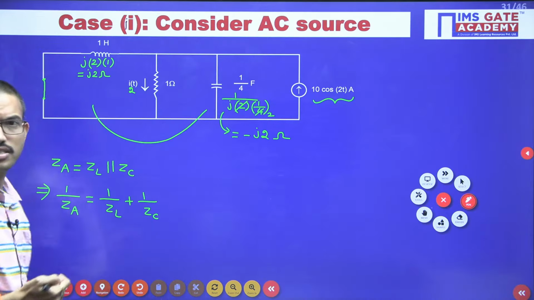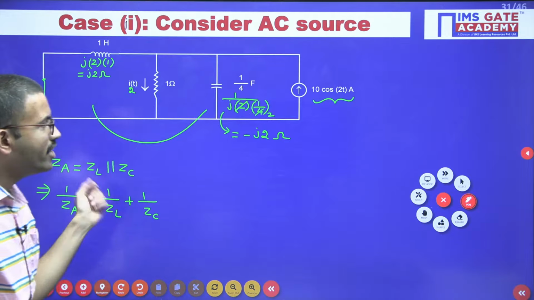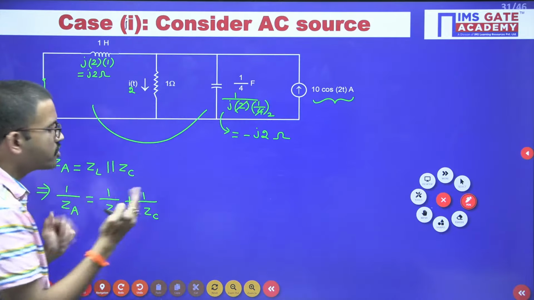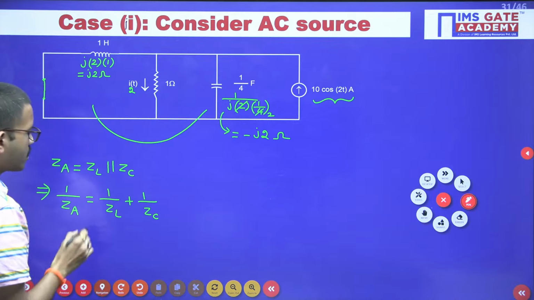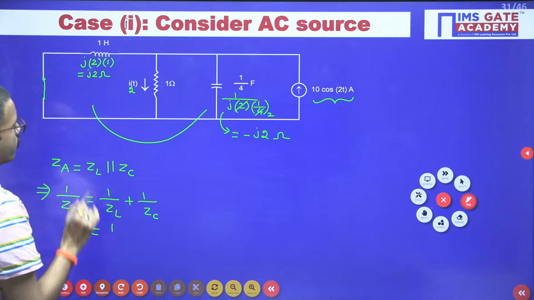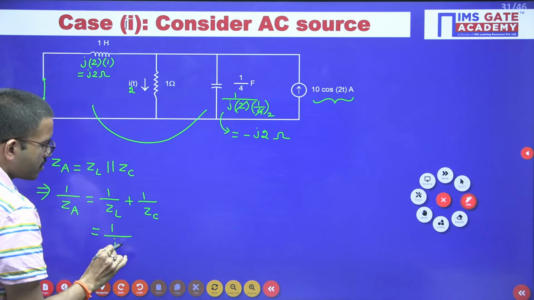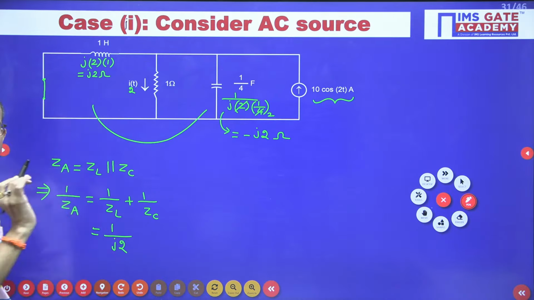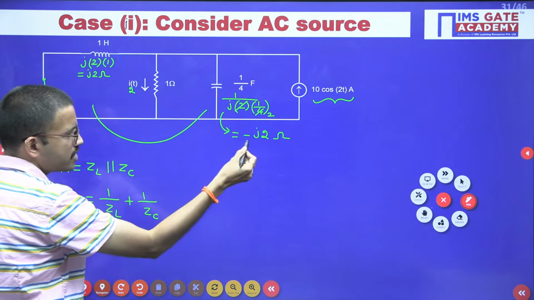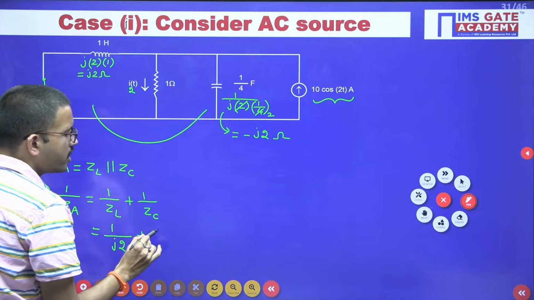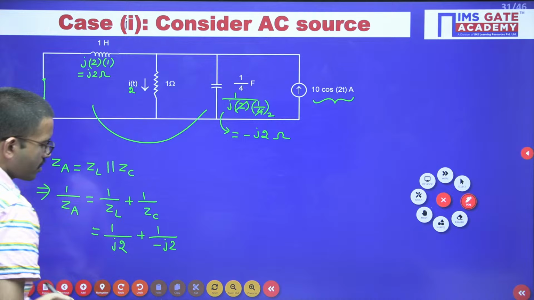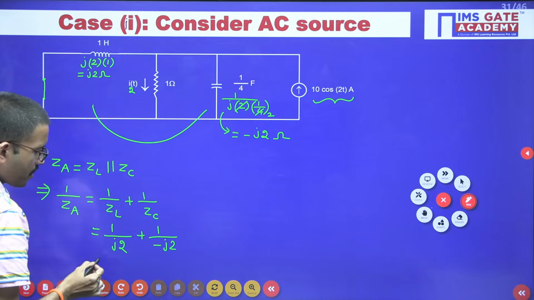Just to do the calculation simpler, whenever you are having an inductor-capacitor combination or multiple capacitors, better to use this formula. Now regarding the inductor, we got 1 by ZL is nothing but 1 by j2. Similarly, regarding ZC, we got minus j2, so 1 by minus j2.